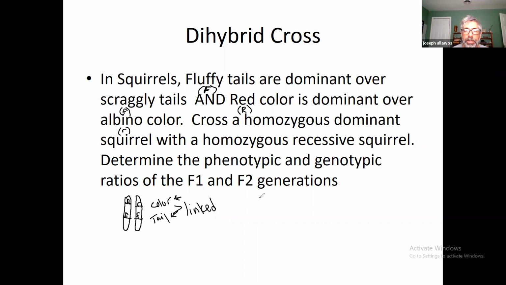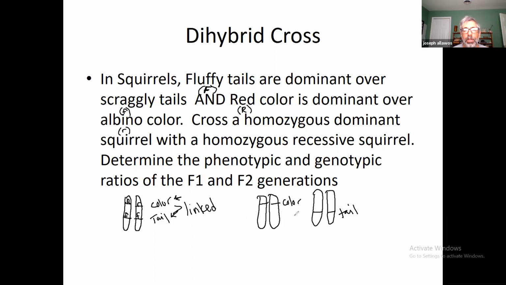Instead, I want you to think about it like this, that there's one pair of chromosomes that has the color gene, and then some other pair of chromosomes somewhere down the line has the tail gene. And so what you then realize is now you're dealing with 4 chromosomes for each parent instead of just 2 like we had before when we did a monohybrid cross.